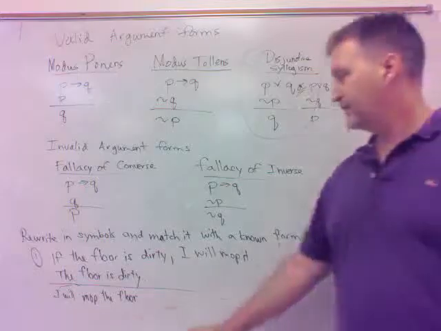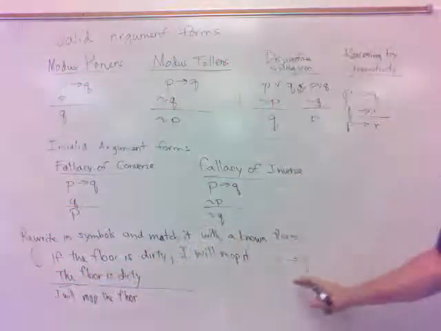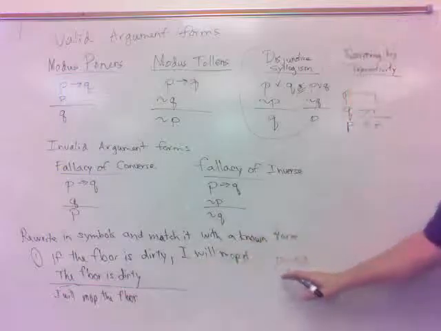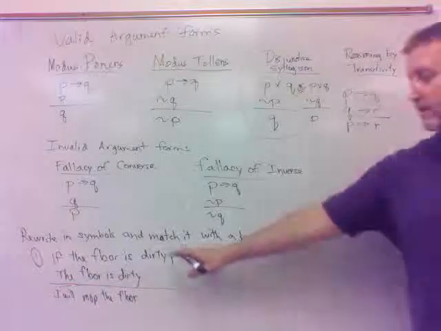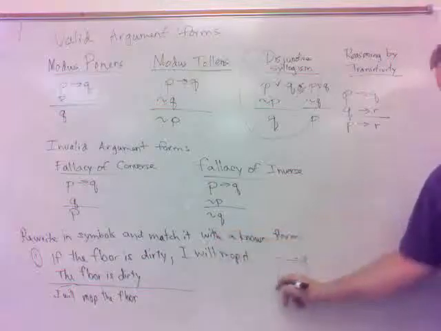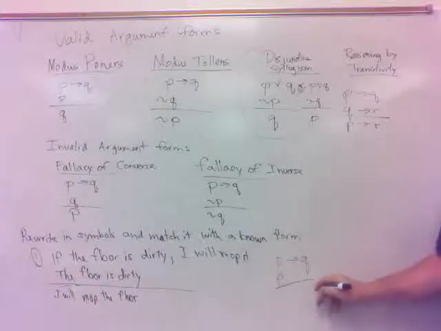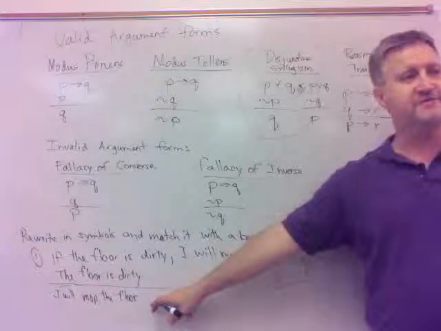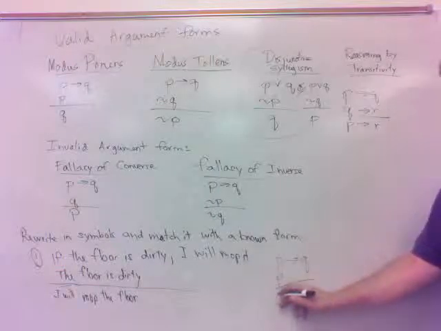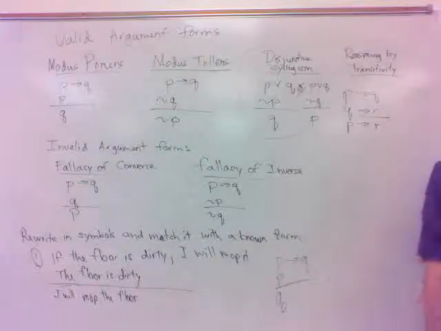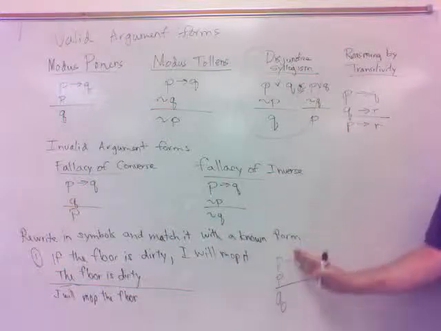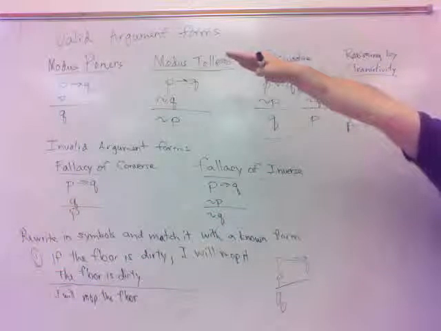Now, what is the second premise? The floor is dirty. If I say this is P, isn't that the P from the first part? So the second premise is P. And then what's the conclusion? Well, I called it Q, didn't I? So that's the argument in symbols. Now, what does it match up with over here?